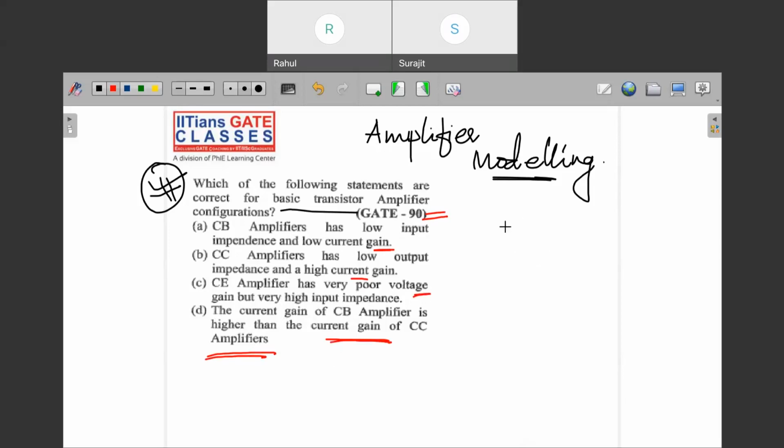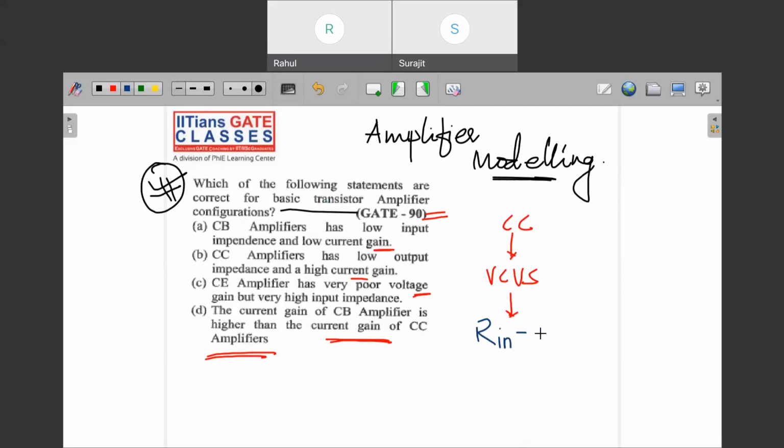I have already told you that the common collector amplifier is basically a voltage amplifier, the voltage controlled voltage source amplifier. If the voltage amplifier is there, then Rin will be what?